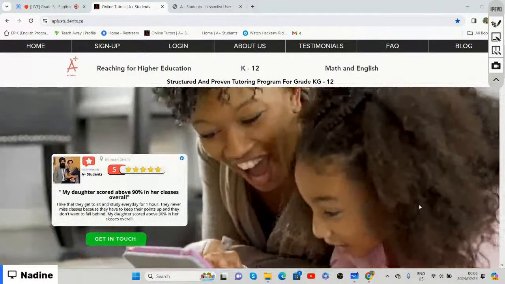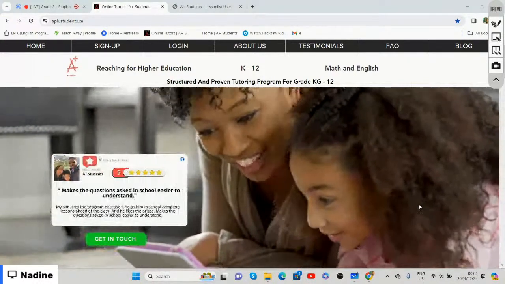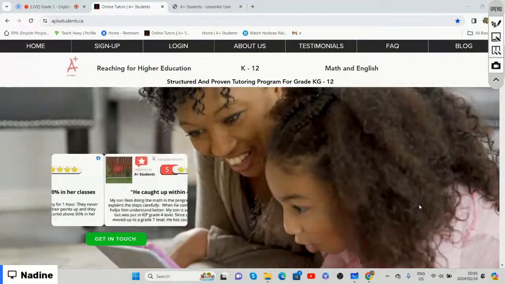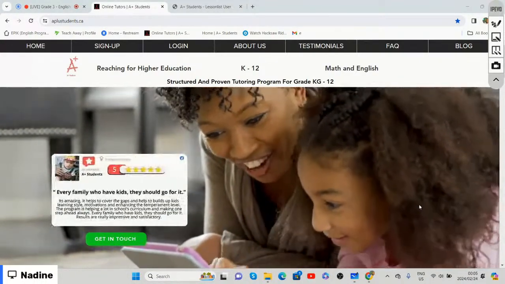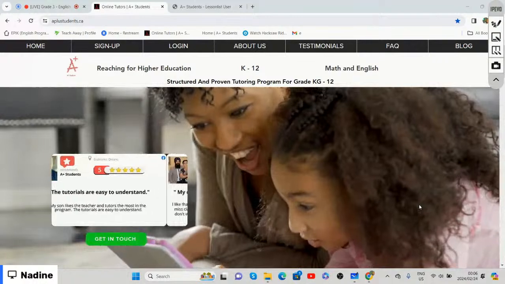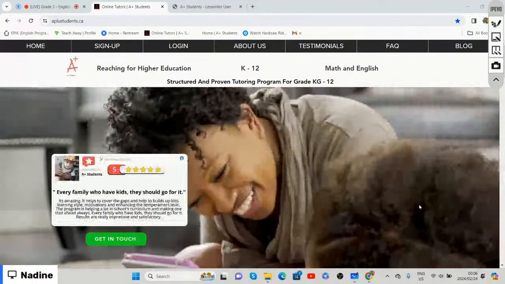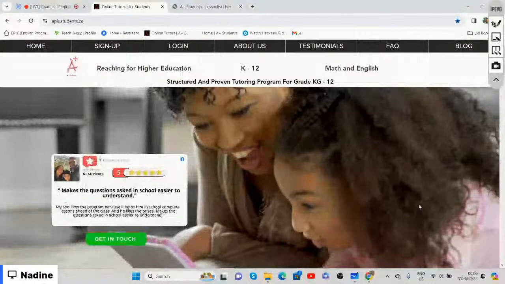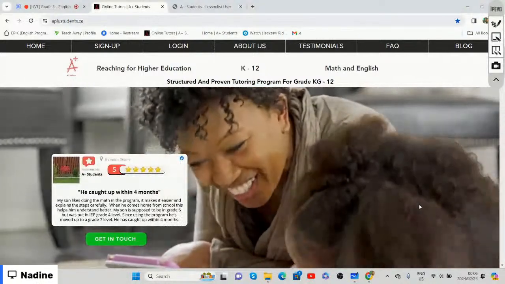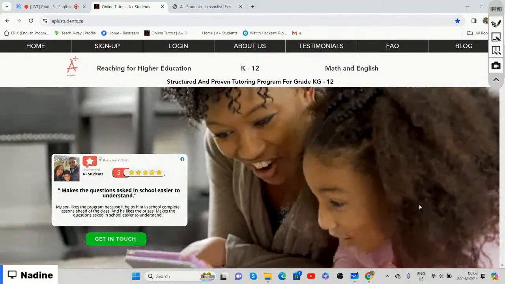Once you've logged on with your username as well as your password, we're going to select the subject of language arts, grade 3, and then we're going to scroll down until we get to the chapter of irregular past tense.